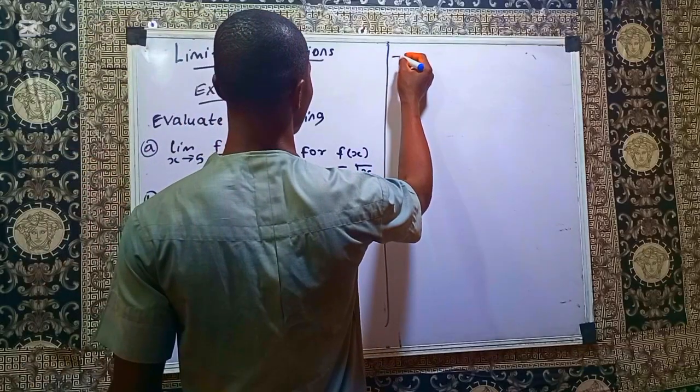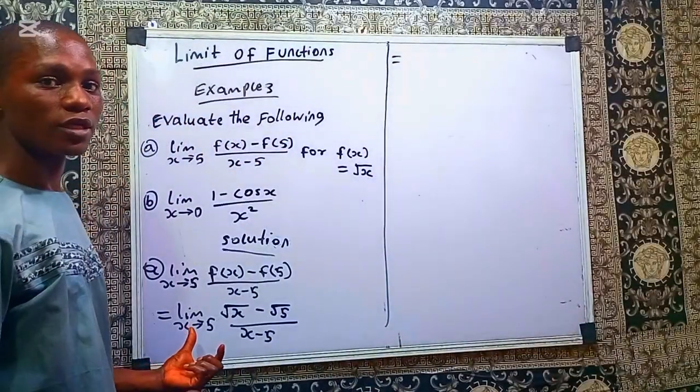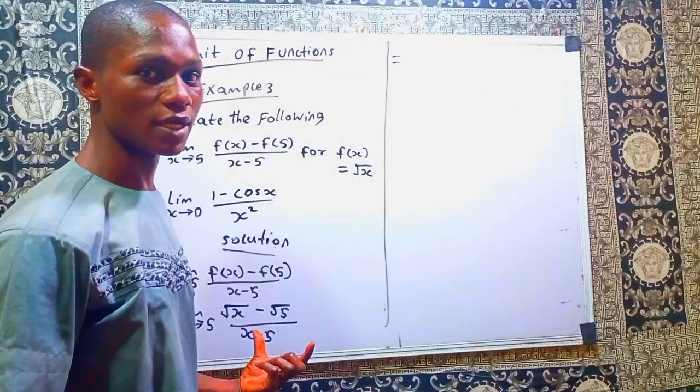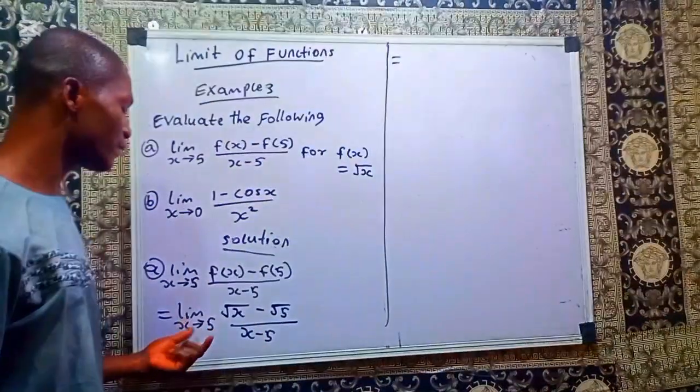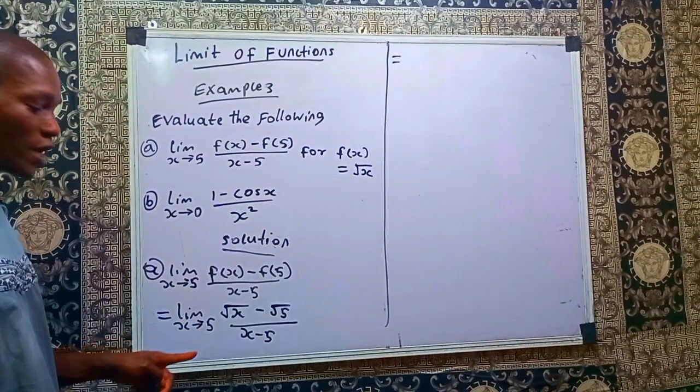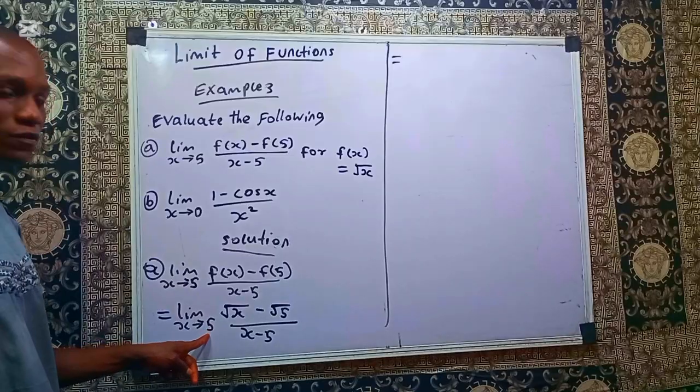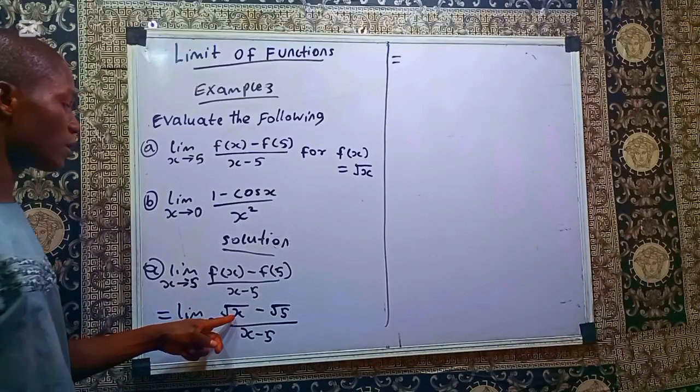Remember, in our first class, I told you that if you're evaluating the limit of a function, you substitute the point. We're evaluating the limit as x goes towards 5, so we'll replace x with 5 anywhere we see it.